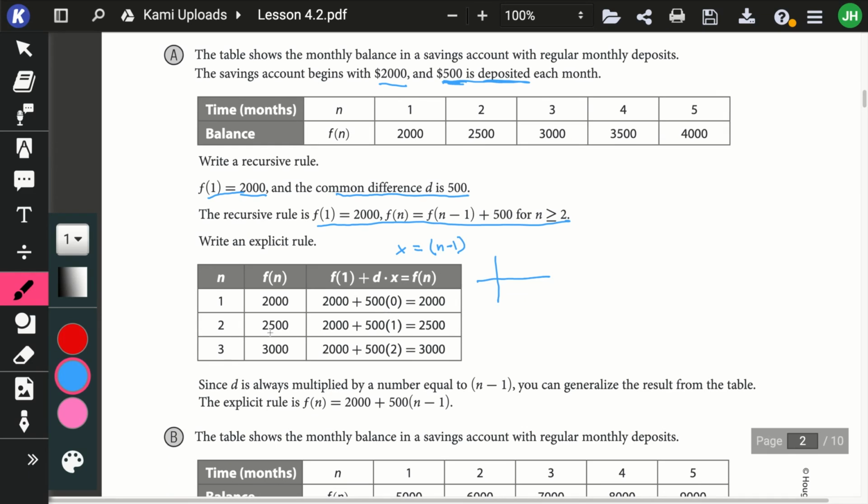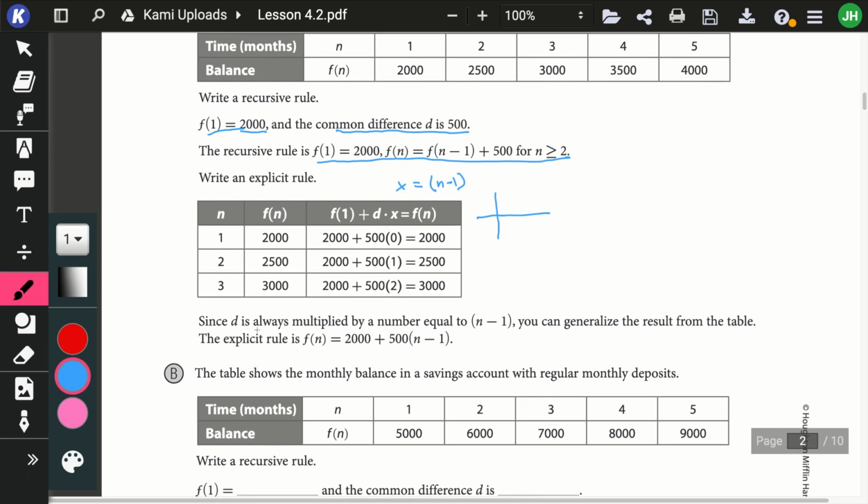Okay, the second one is f of n is going to be 2,500 because we know they go up by 500. It's going to be f of 1 or 2,000 plus 500 times 1, which is 2,500. And the third one is 2,000 plus 500 times 2, which is 1,000, equals 3,000. Since d is always multiplied by a number equal to n minus 1, x equals n minus 1.